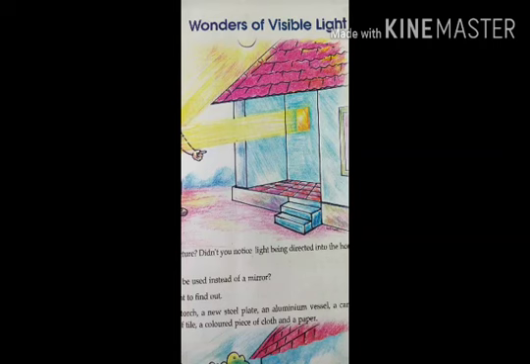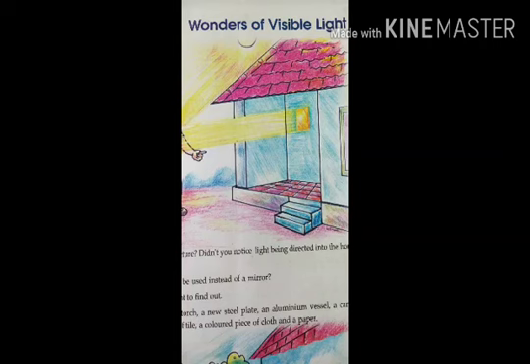Polished surfaces or smooth surfaces reflect light rays very well. That is why a new steel plate reflects light rays very well compared to a used plate or old plate. Mirrors are good reflecting surfaces. They reflect light rays very well.